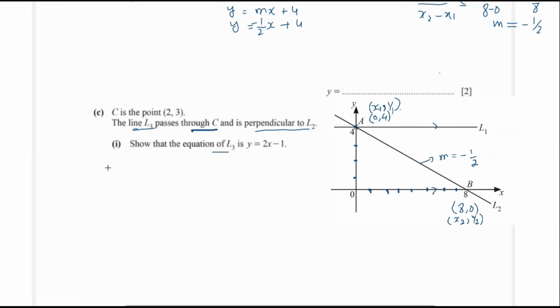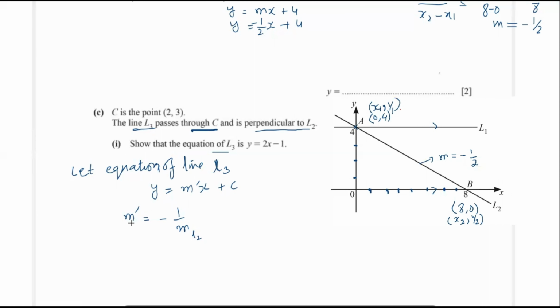Let the equation of line L3 be y equals m dash x plus c. Firstly, we find the gradient m dash. That will be equal to the negative reciprocal of the gradient of line L2, because the line L3 is perpendicular to line L2.